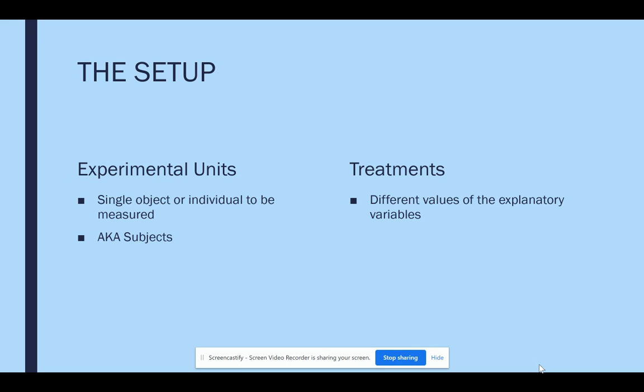Diet would be a treatment, medication would be a treatment, and exercise would be a treatment. So you have the different values of the explanatory variable, and typically we need at least two treatments.